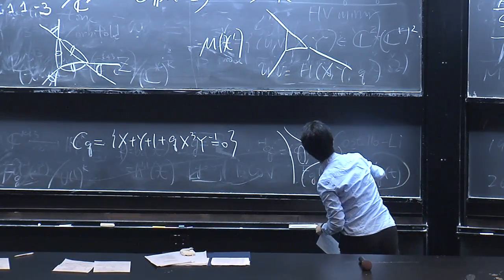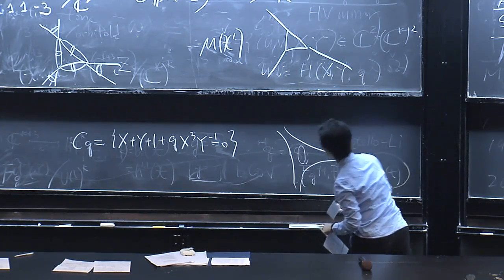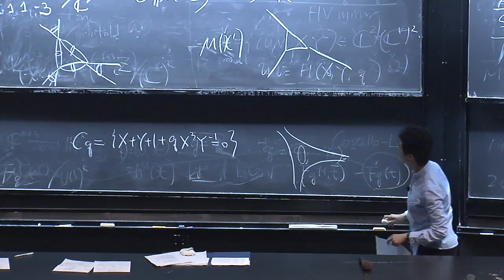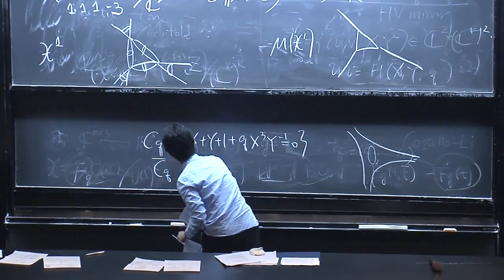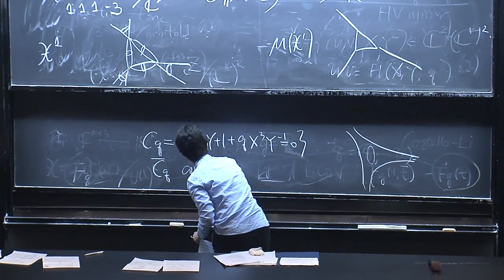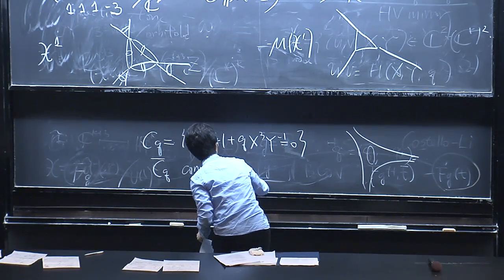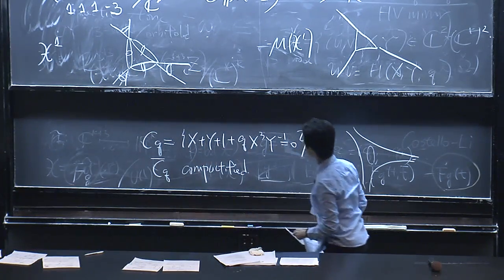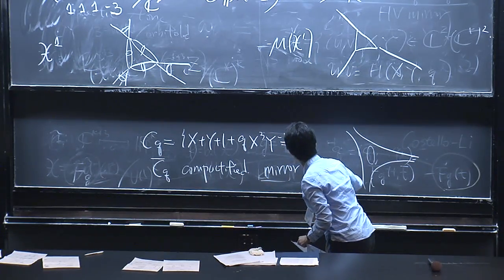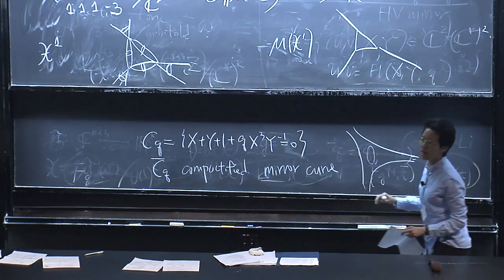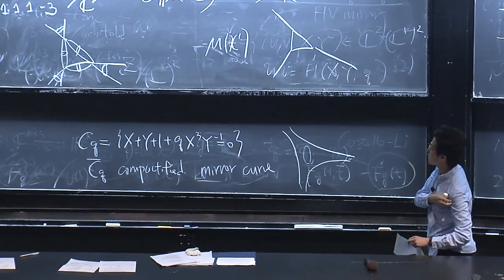So it's a torus with 3 punctures, and there's also a natural compactification.